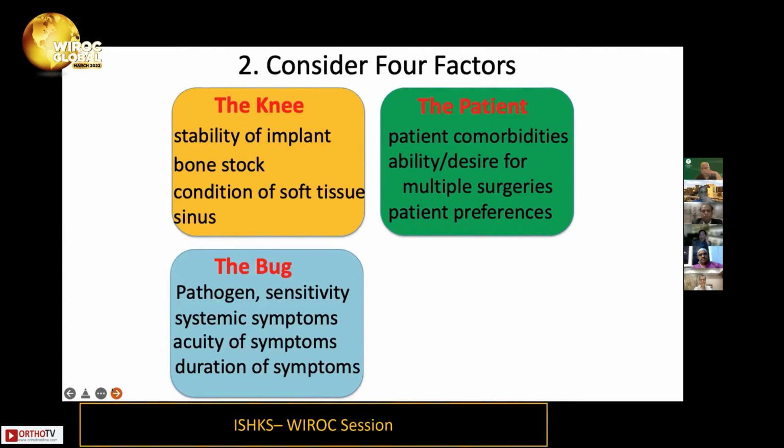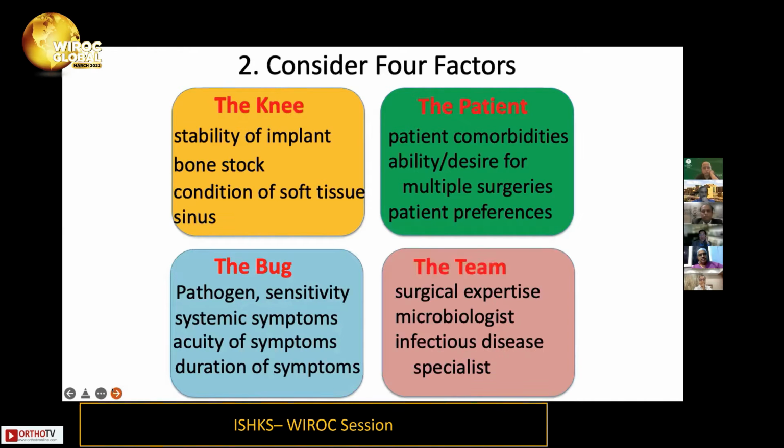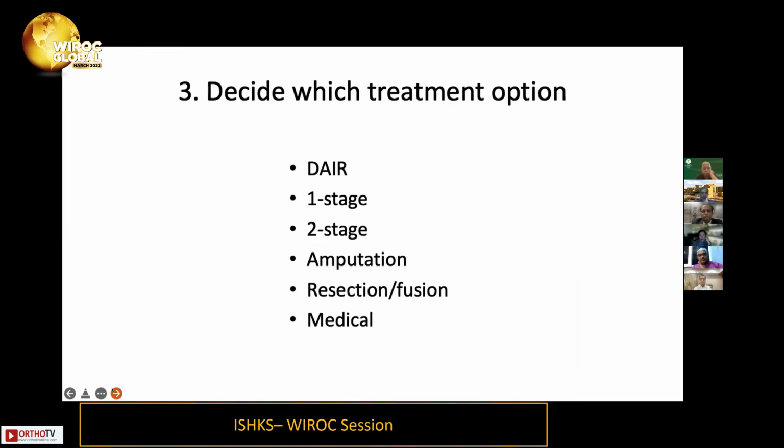The bug is extremely important if you can find it, and its sensitivity, whether there are any systemic symptoms, whether these symptoms are acute, and the duration of these symptoms. And lastly, the team, its expertise, particularly a microbiologist, infectious disease specialist, and a plastic surgeon if necessary.